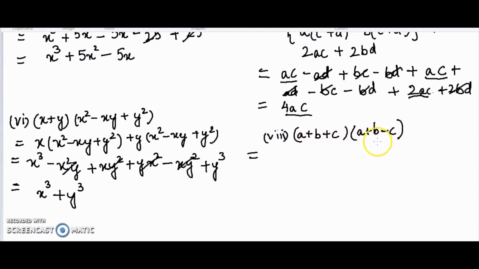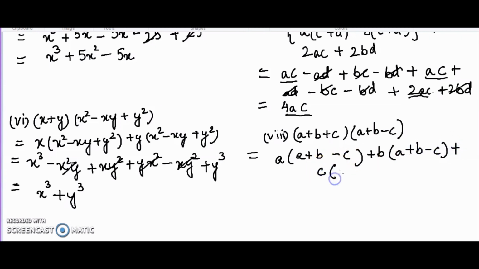Here there are three terms, a plus b plus c into a plus b minus c. So here first a will be multiplied with a plus b minus c, plus b will be multiplied with a plus b minus c, plus c will be multiplied with a plus b minus c.